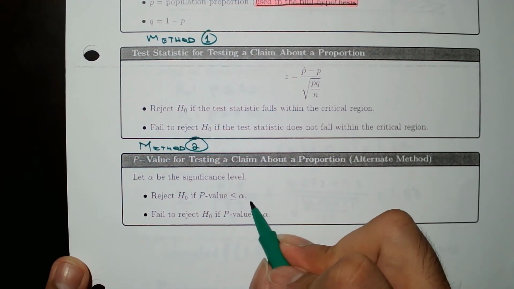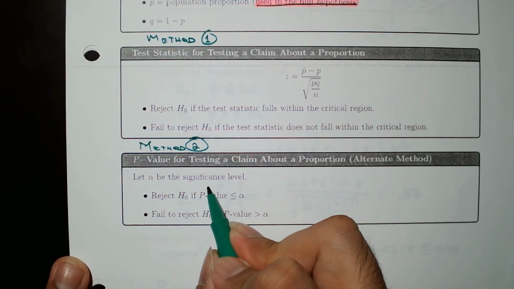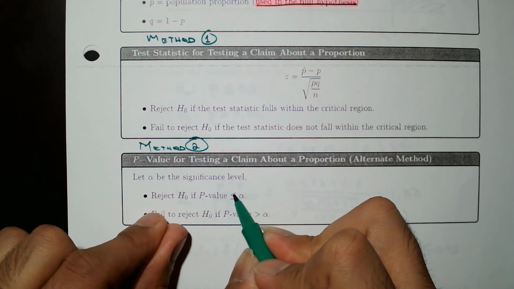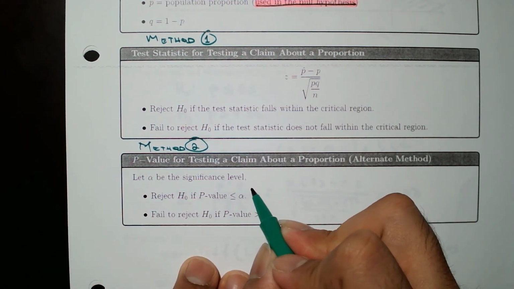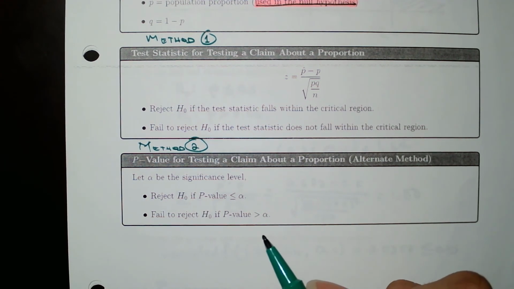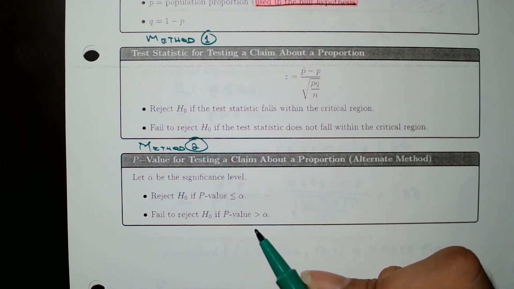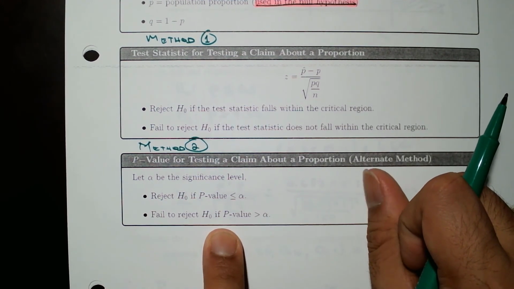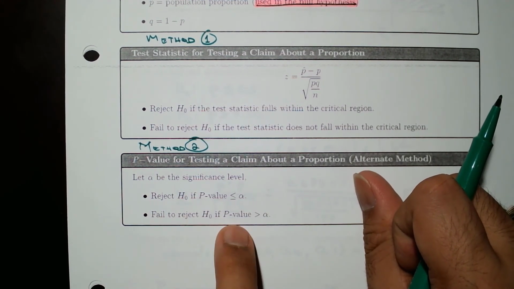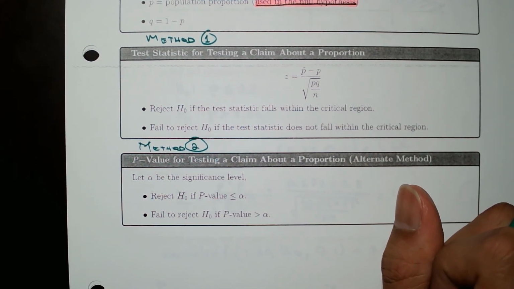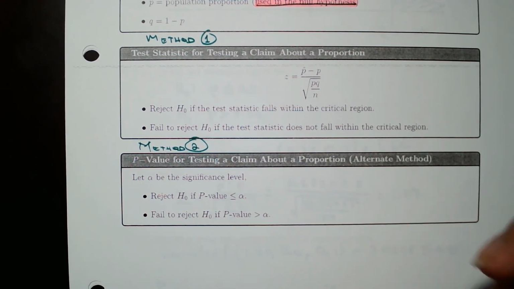That is, we win the argument if our p-value is smaller than or equal to the significance level, which could be 5% significance or 1% significance. We want to be more precise. But in this case, we lose the argument. We fail to reject if our p-value is larger than alpha, which is the significance level.